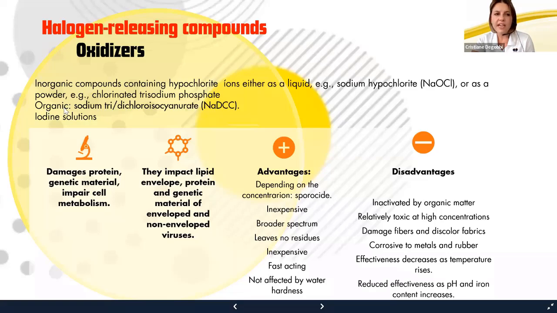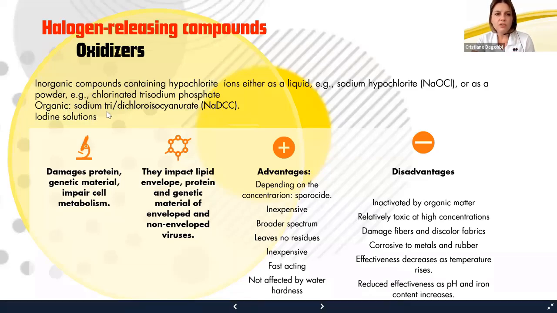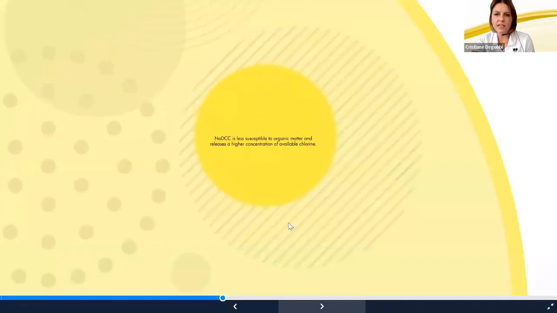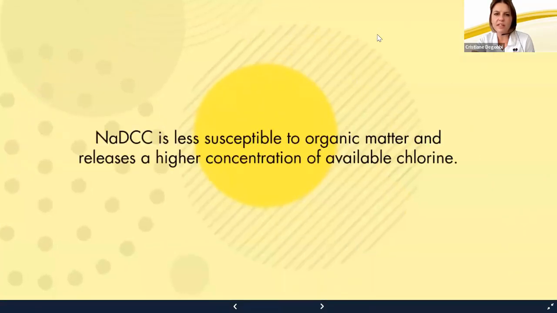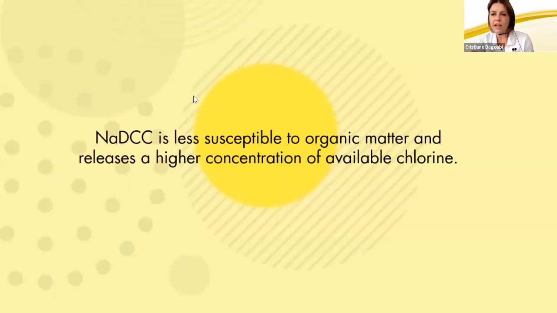And we also have the organic chlorine, which is called sodium dichloroisocyanurate. This is the formula. One thing about the organic chlorine is that it is less susceptible to organic matter and releases a higher concentration of available chlorine when we compare it to bleach, okay?